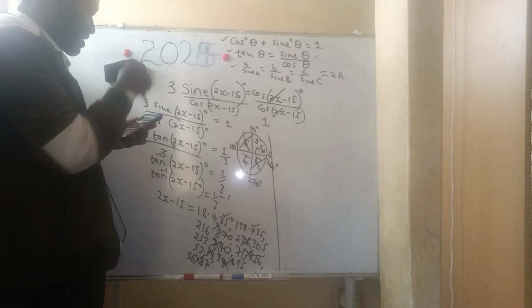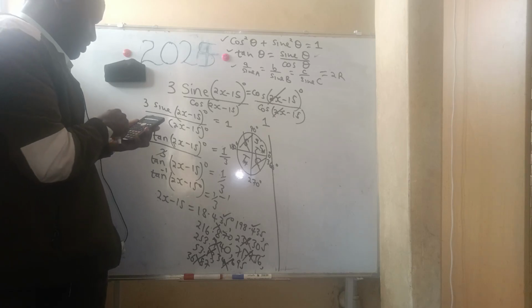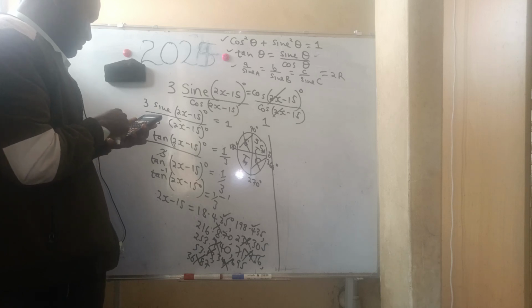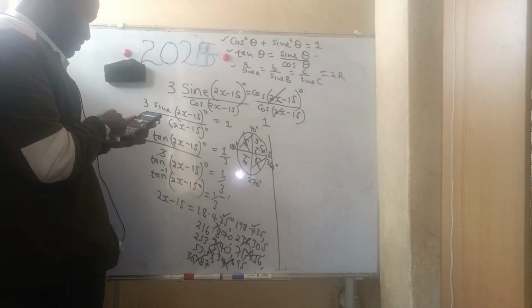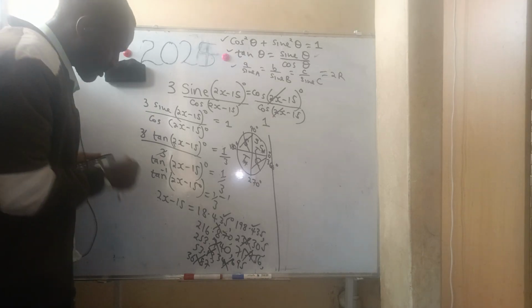It does not give us the answer. Then you can say 90 plus 18.435 plus 18.435. So the tan of the answer does not. So 18.435 times 3 plus 90. So the tan of the answer does not. So we have those two values.